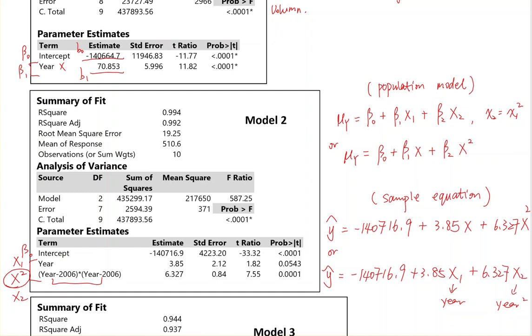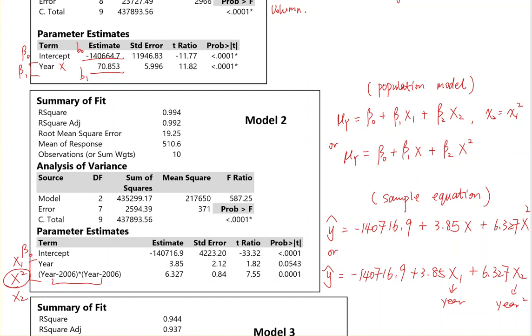All right, so now from this parameter estimate table, we kind of figure out what this regression is, right? What's the difference between model 1 and model 2? Model 1 is the simple regression, model 2 is multiple regression. But actually, the simple regression is just a special case of the multiple regression, right?